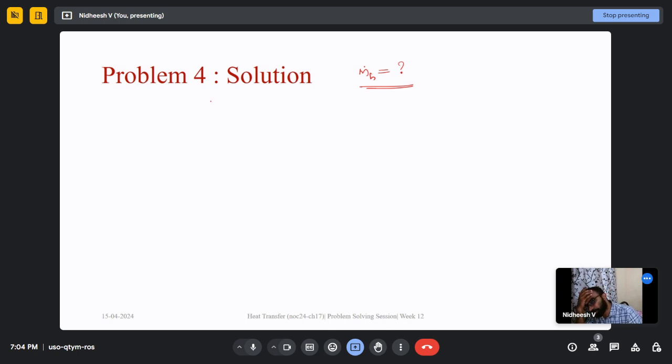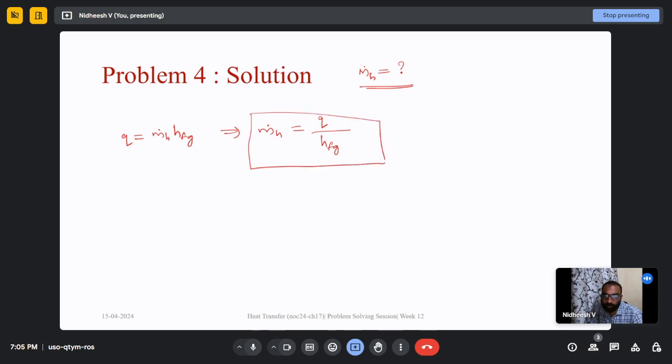We can express the total heat that is carried by the steam, because since it is condensing, we can express it as the mass flow rate times the latent heat of condensation, right? And from this we can write the unknown mass flow rate of steam equal to the total heat transfer rate divided by latent heat. Is that okay?